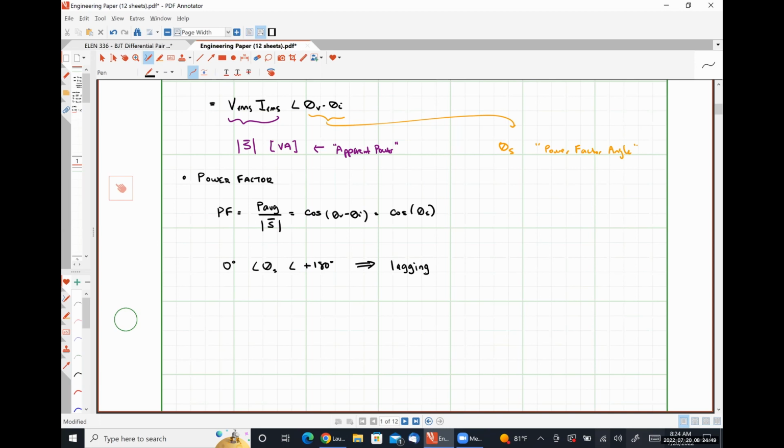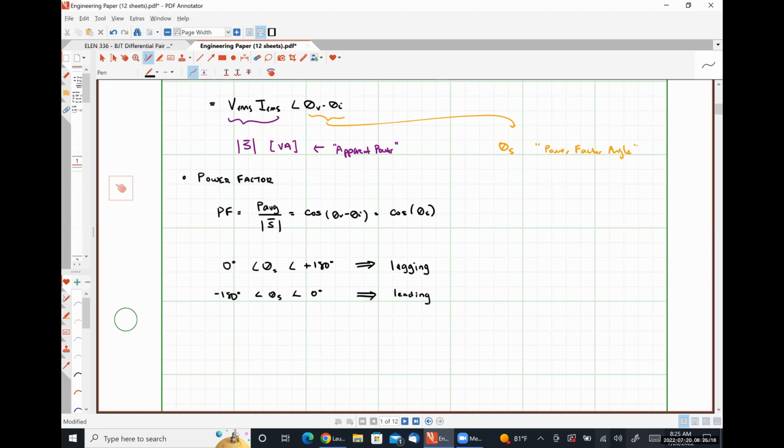If negative 180 degrees is less than our power factor angle, which is less than 0 degrees, then our system is operating at a leading power factor, okay?